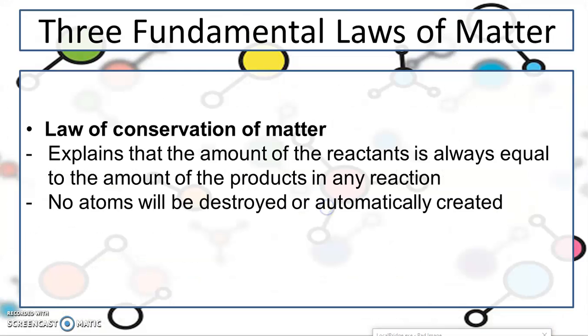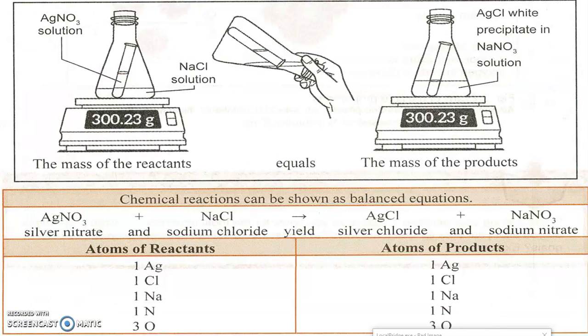Okay? And then the third law is the law of conservation. The law of conservation explains that the amount of the reactants is always equal to the amount of the products in any reaction. This is a restatement of a postulate of Dalton's atomic theory. This law states that in any chemical reaction, atoms are always conserved.